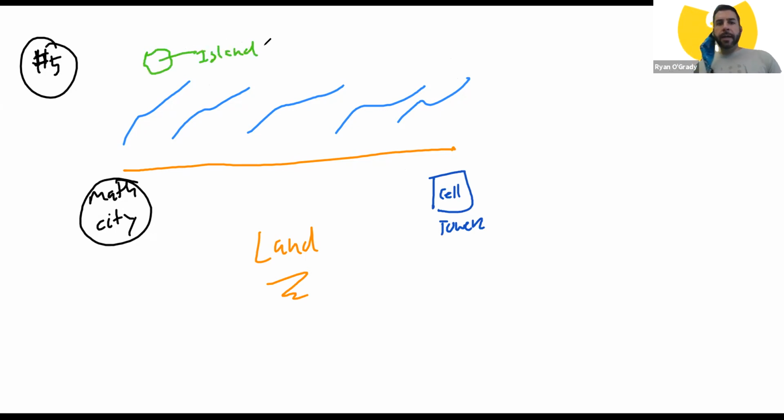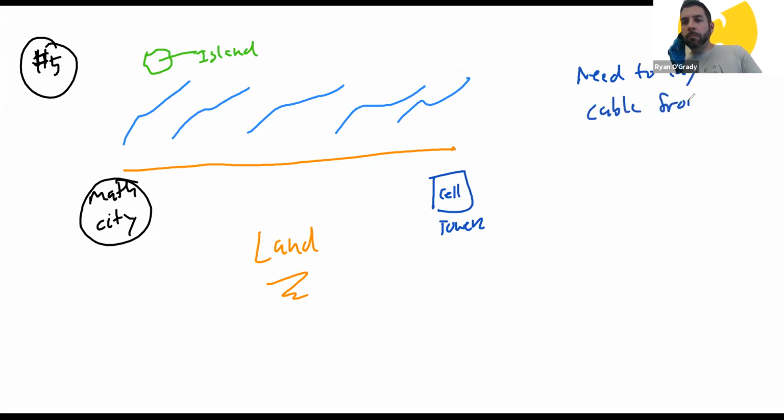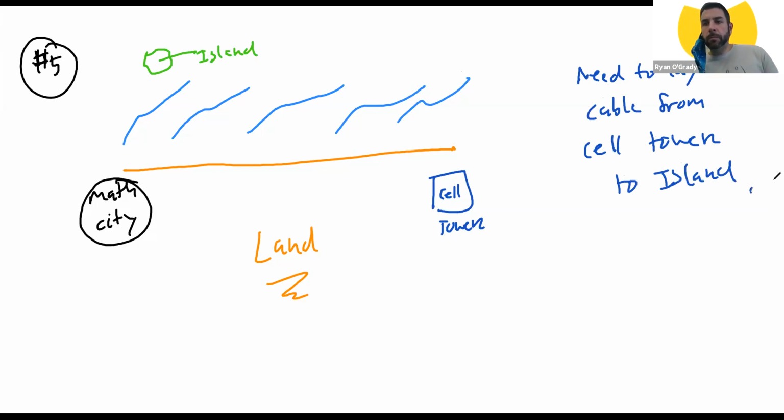We need to get cable from the cell tower to the island. That's what we need to do. And we want to do it as cheaply as possible. So we need to lay cable from the cell tower to the island. Now, as you would imagine, there's lots and lots of ways to do this.